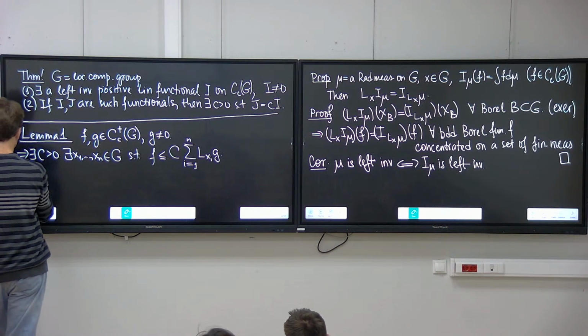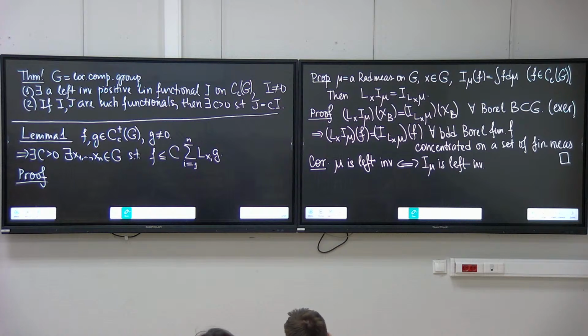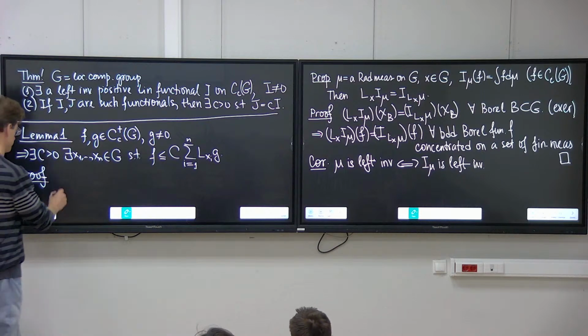Well, this is very easy. Since g is not identically zero, we can always find a non-empty open set where g is strictly positive.